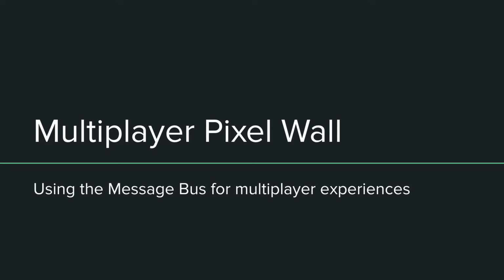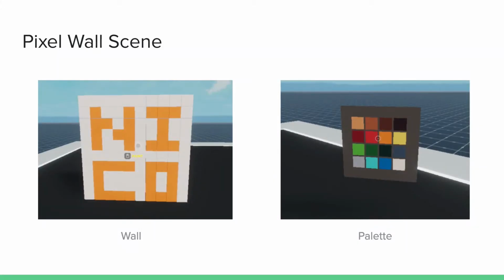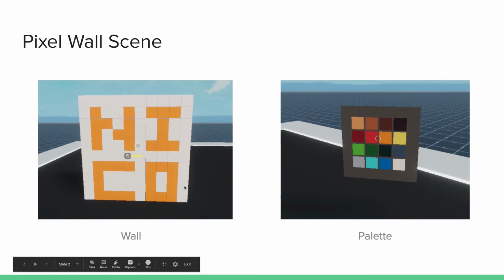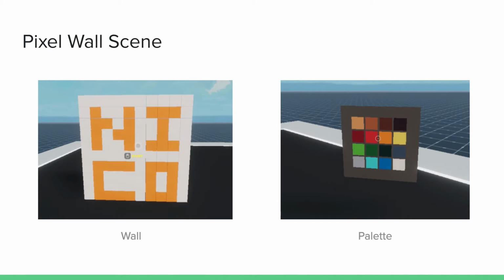You might have seen examples of these pixel walls in the Pixel Chain Gallery, in the Soho Plaza, and in many other places. So basically, we're going to have a wall, and we're going to have the ability to paint each pixel or tile with a different color.